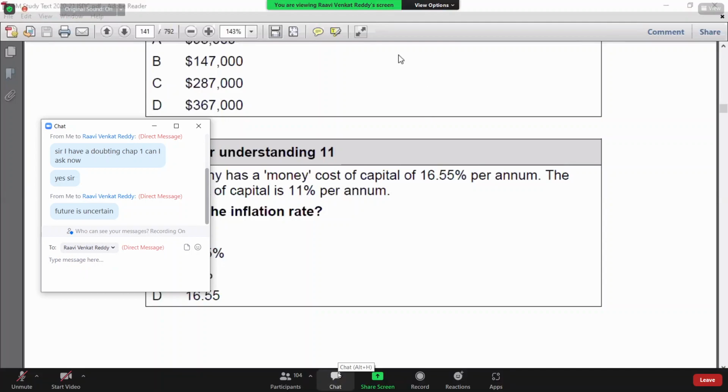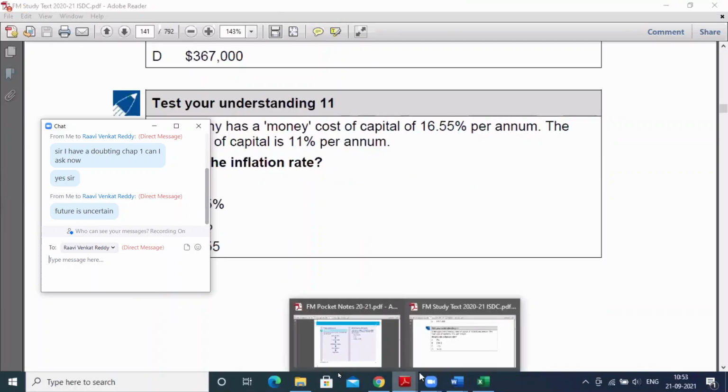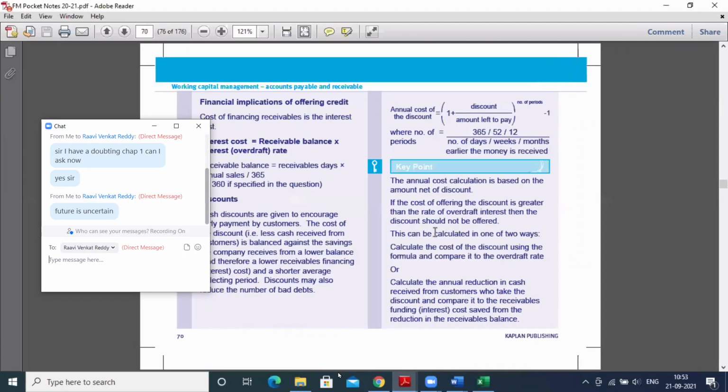Okay. Any other query? Yeah. You have only 5 years.